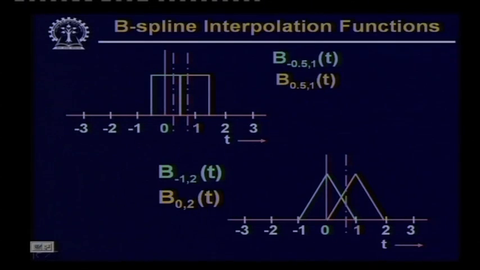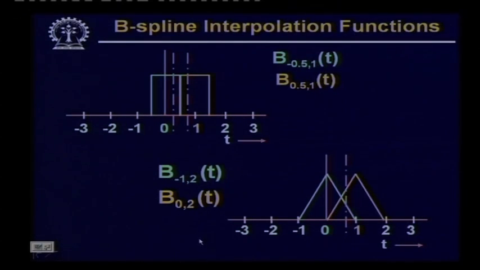To find out the contribution of p 1, I consider the B-spline function to be b 0.5 1 t. Similarly, in case of linear interpolation, to find out the contribution of point p 0, I consider the B-spline function to be b minus 1 2 t, and to find out the contribution of p 1, I consider b 0 2 t, and so on.